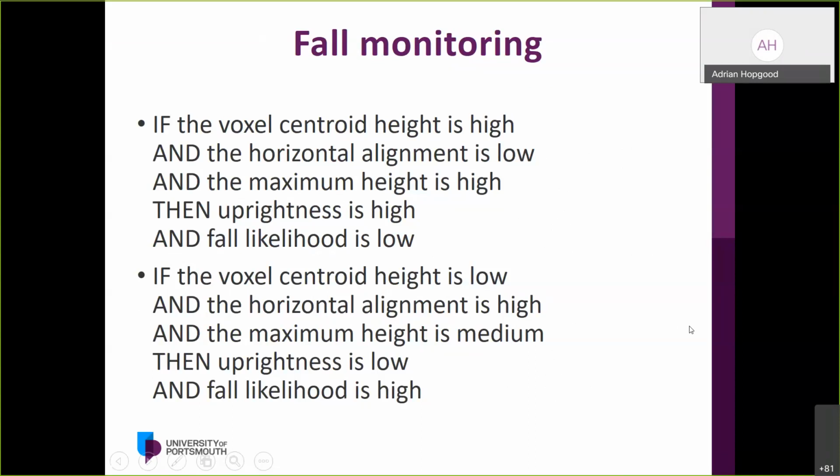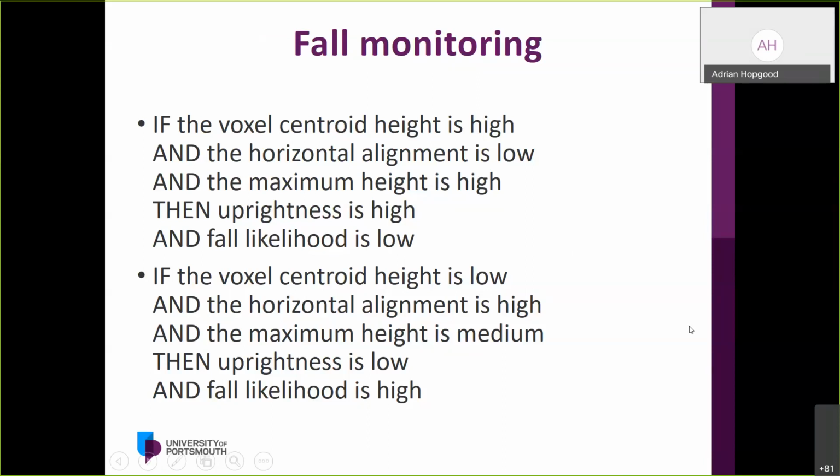So what I'm going to show you in a minute is a kind of a video sequence that shows a depersonalized silhouette of a person, which is the so-called voxel, a sort of a volumetric shape, which has a centroid, its sort of central position, and a kind of horizontal alignment, which is to say whether the shape of the voxel is pointed vertically in a sort of standing position or horizontally.